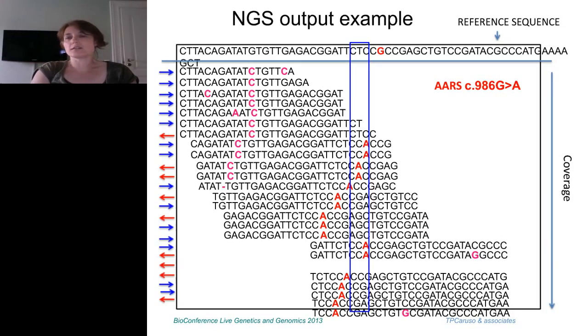Those are basically artifacts of sequencing, single changes. But you also see this nice line of C's here that should be all nicely lined up, and it comes under the G, indicating that there is a previously undescribed polymorphism in that position.